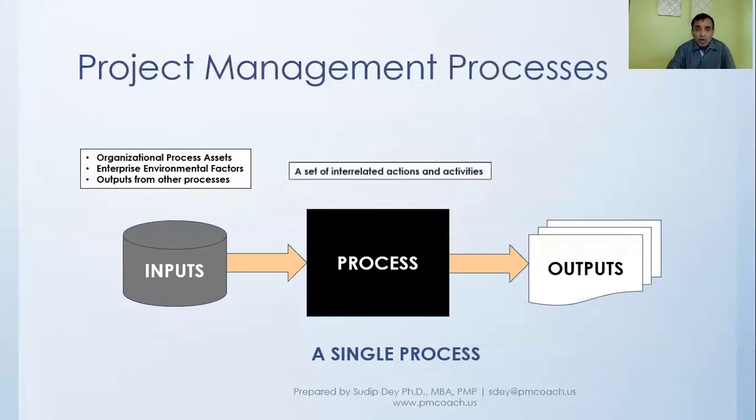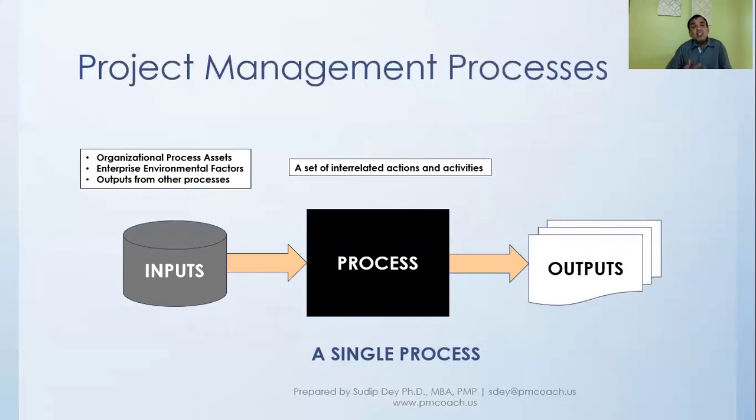Inside the process box, there will be a set of interrelated actions and activities that take place. And when it is done, the output that you will have may be the final deliverable of the project or phase, or it can be an intermediate deliverable that will be input to another process.